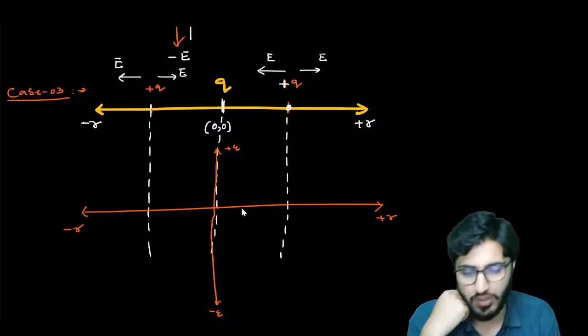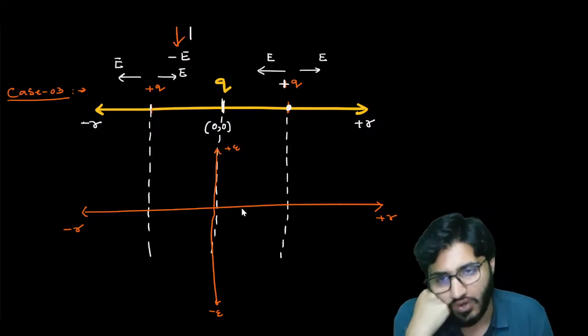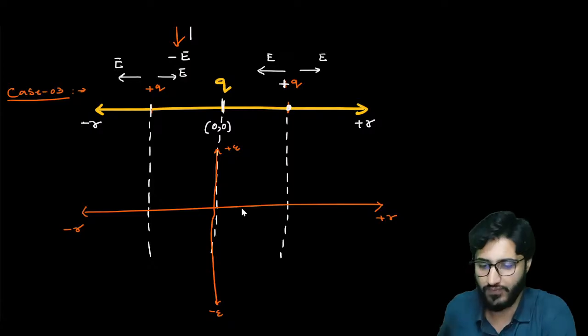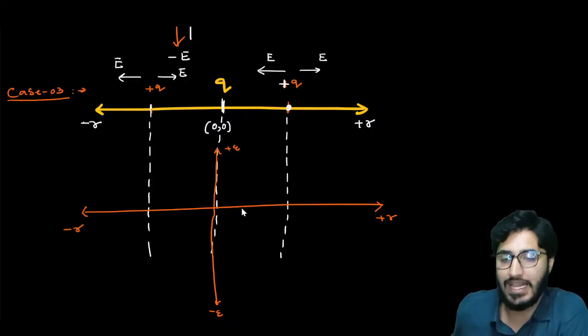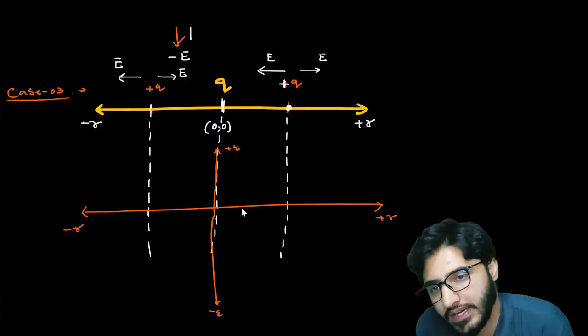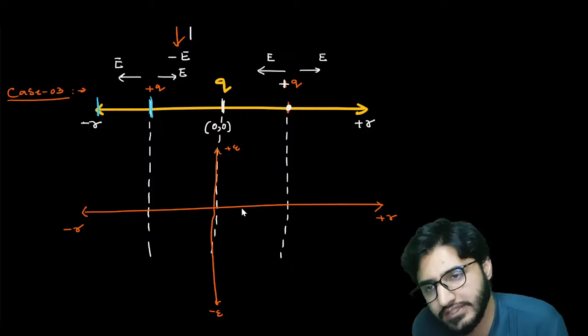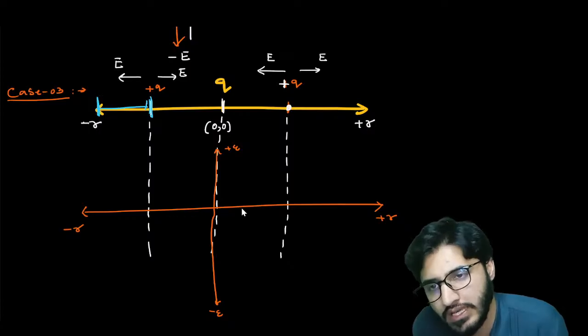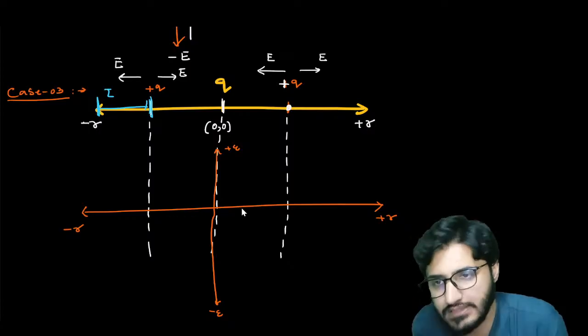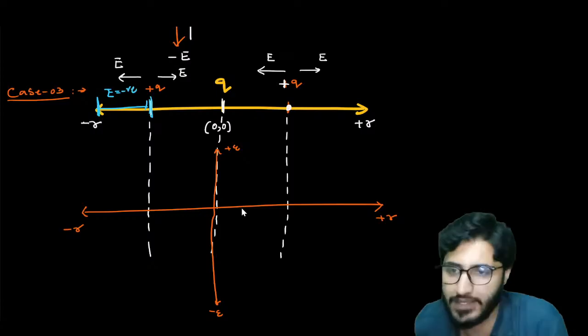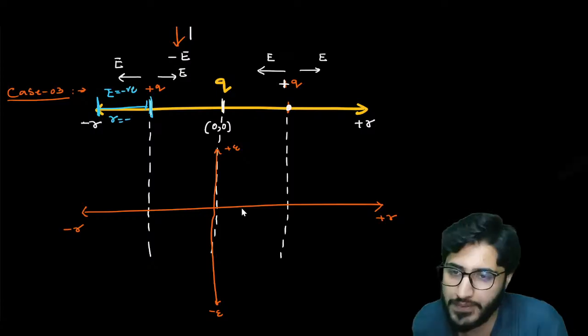Okay, so how to make a graph now? If we talk about this left side, my E is negative. Now let's focus on this particular case. E is negative, and also my R is negative.